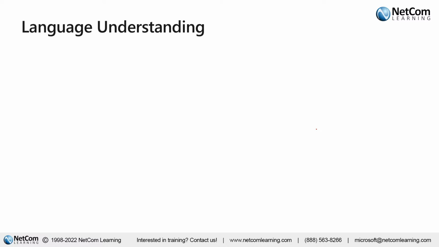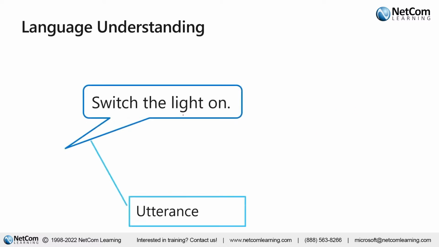So that's why language understanding has become very important. The best two examples I can think of are Amazon's Alexa and Apple's Siri, not only understanding what you say, but also doing some tasks for us, for example, switch the light on.